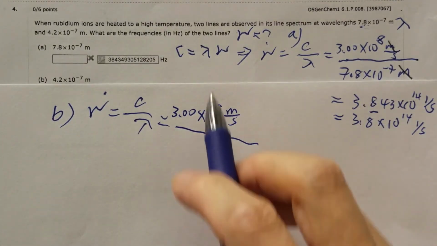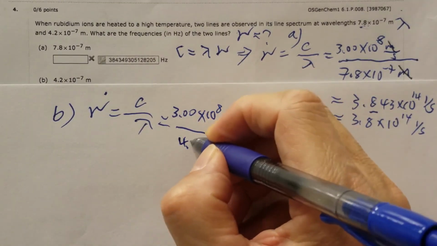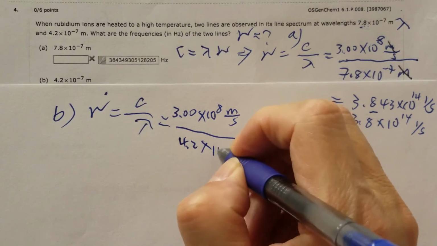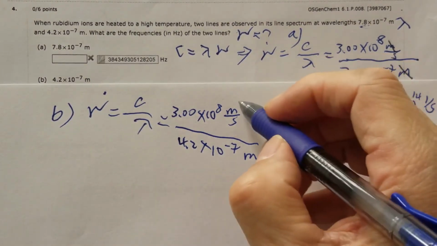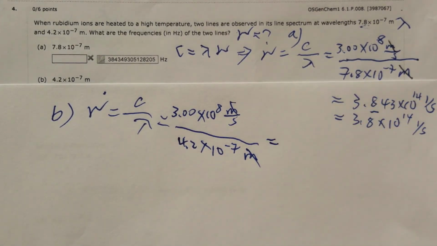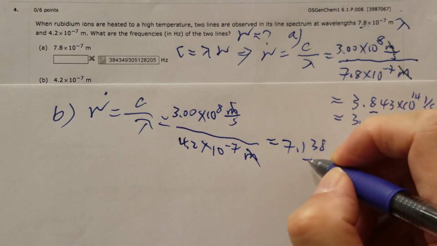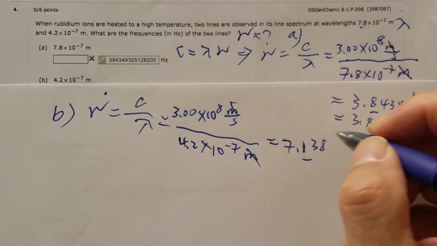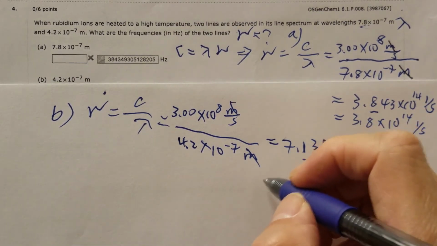And now the wavelength is 4.2 times 10 to negative 7 meters. So again, meters are cancelled. And now we should have 7.138, and the unit is 1 over s. Again, I underline the last digit in the sig fig.